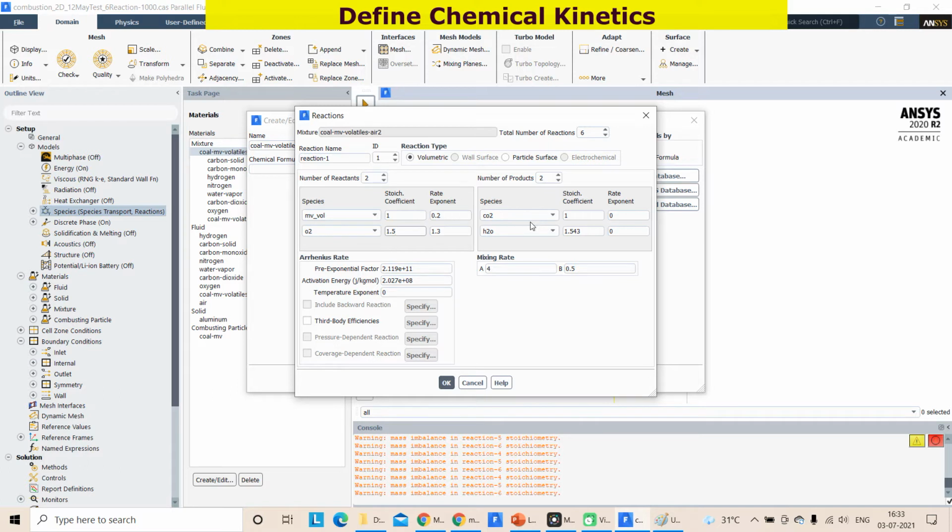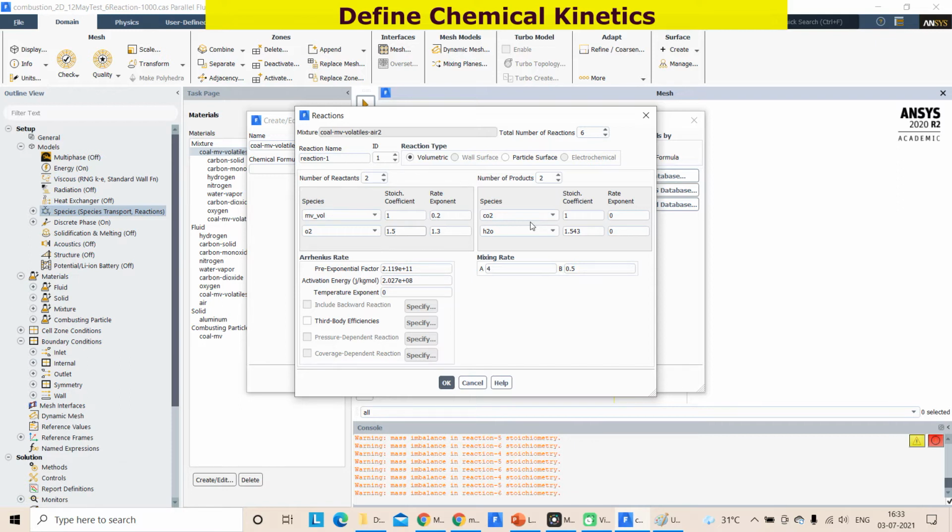These are rate exponent coefficients. They are considered based on the theoretical reaction. If you want, these can also be calculated based on experimental analysis. There are some calibration devices to find out the reaction rate exponent.